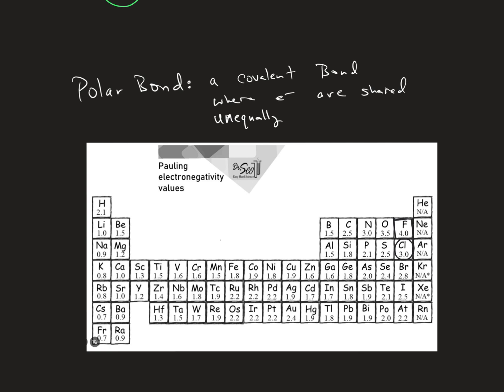Does that make sense to everybody? Okay, so electronegativity value increases this way and increases going up. So fluorine's the highest, and you don't have to memorize that if you have this table in front of you. Maybe I'll put this chart somewhere on Canvas so you can get it.